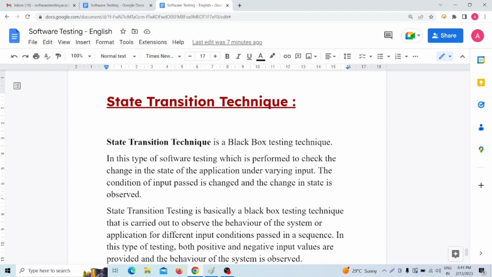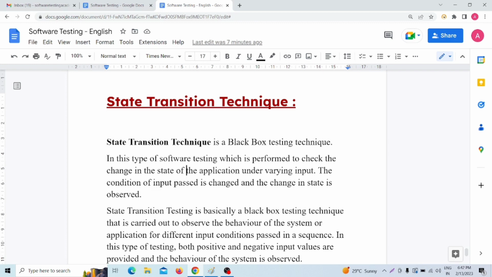Basically, we test the different states of our machines, the different screens of our machine, or the different transition states of any machine. So all the different stages we need to test. What the stages are, I will discuss one by one.